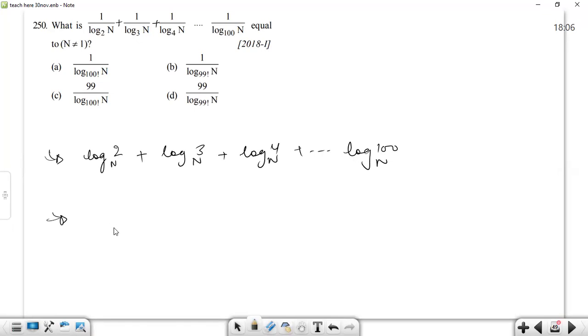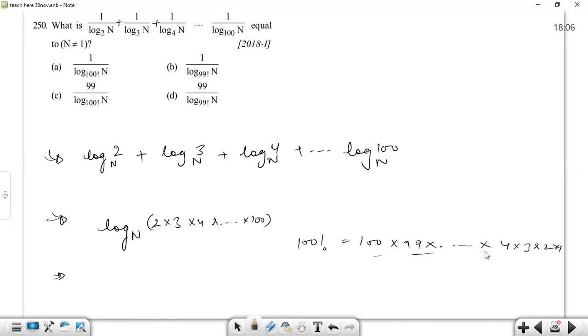Great. So we know the sum property. Now they will all get multiplied. Agree? So what is 100 factorial? Which is 100 into 99 into 98, and it goes on.